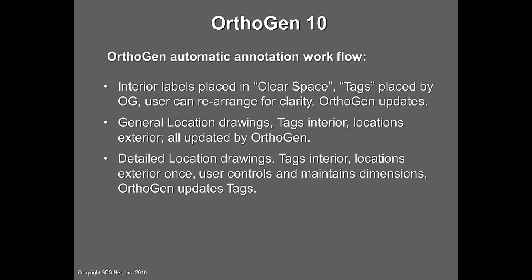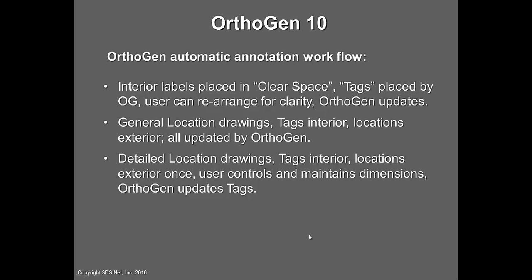You'll have some leaders that cross and whatnot, but once you get them straightened up, as you do your updates, OrthoGen will update those tags in case they've been changed in the model, and will hold the location that you put them in. So you don't have to do your embellishment work more than once.